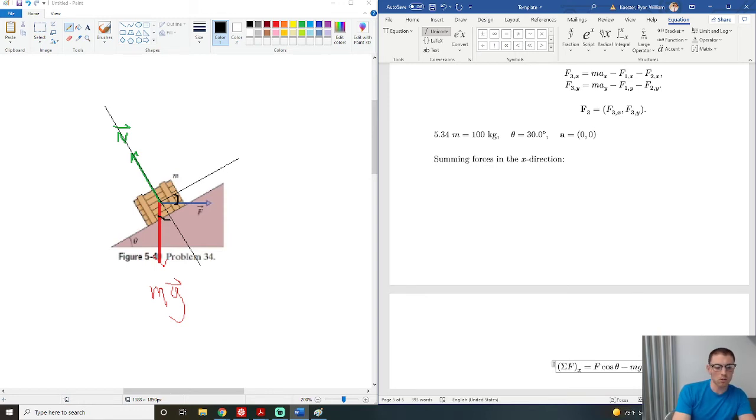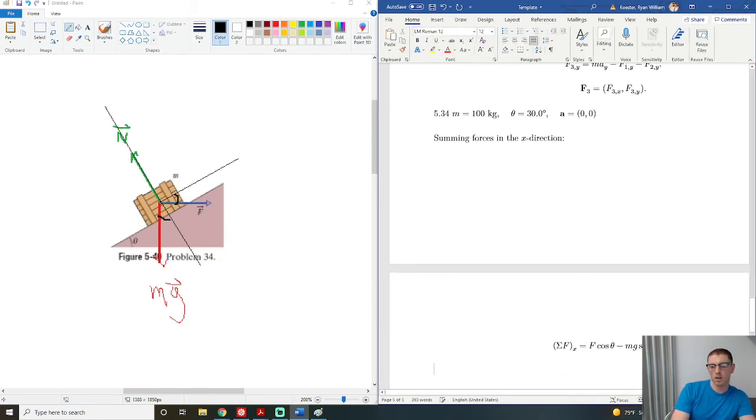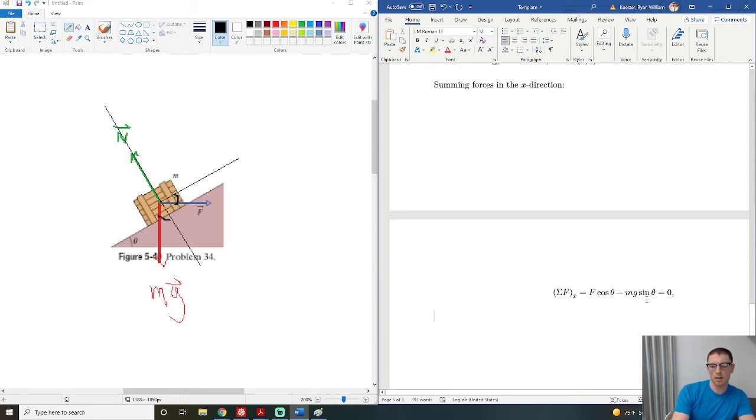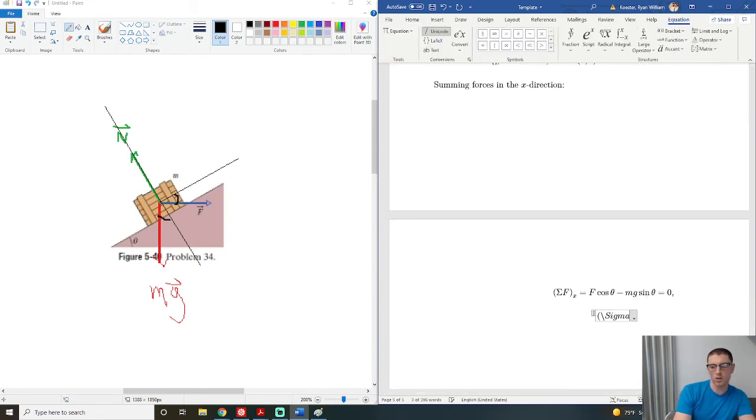Now, this equals the x component of the acceleration, but that is just 0, because there is no acceleration. It's moving at constant speed. Okay, and then we want to look at the y direction.